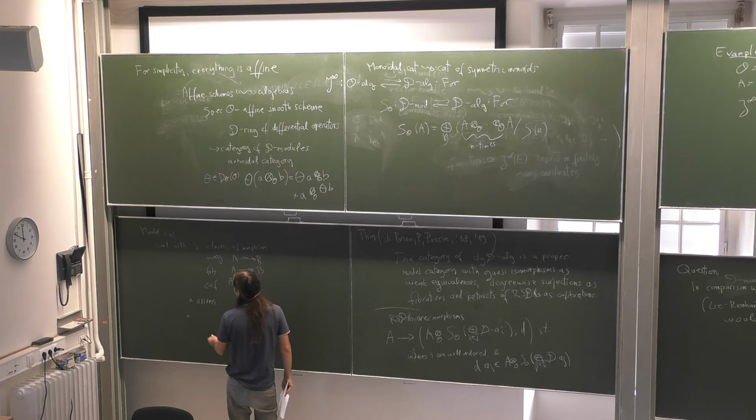This is the axiom of factorizations. So any map A to B can be decomposed as A going by a trivial cofibration to A prime and then a fibration to B. What this means is that the first map is at the same time a cofibration and a weak equivalence, and this one is just a fibration.